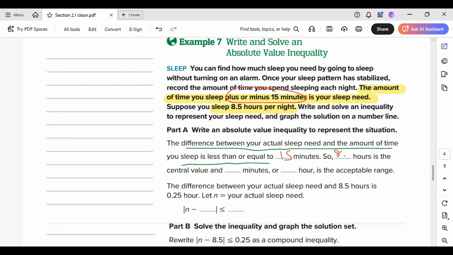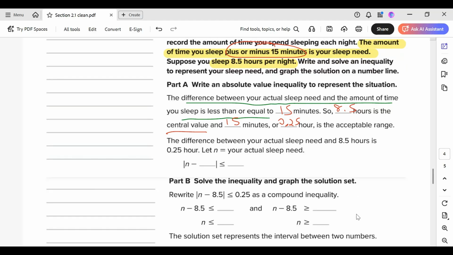So 8.5 hours is going to be our central value, and 15 minutes, which is the same thing as saying a quarter of an hour, 0.25, I'm going to go with decimal point, is the acceptable range. So the difference between our actual sleep need and 8.5 hours is going to be 0.25 hours. So we're going to let n represent our actual need, so it's absolute value of n minus 8.5 less than or equal to our 0.25.